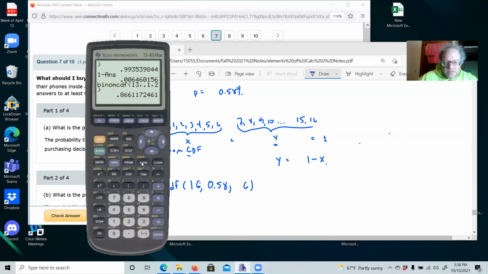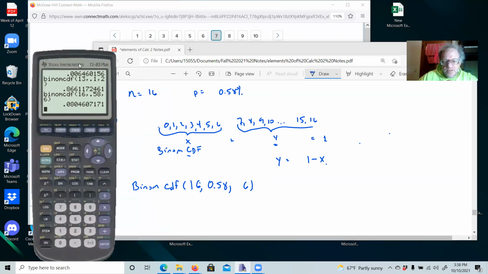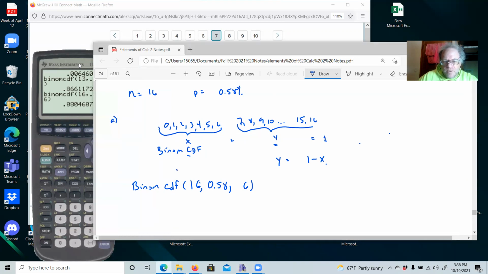We go to distribution, CDF. We want 16, comma, 0.58, comma, 6. All right. So this collection here was 0.0805, rounding to 4 decimal places.